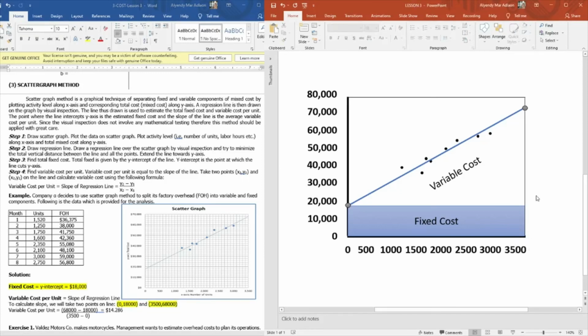Okay, I'm so sorry. The 35,000 is in the middle, so the point should not be here, but it must be here.